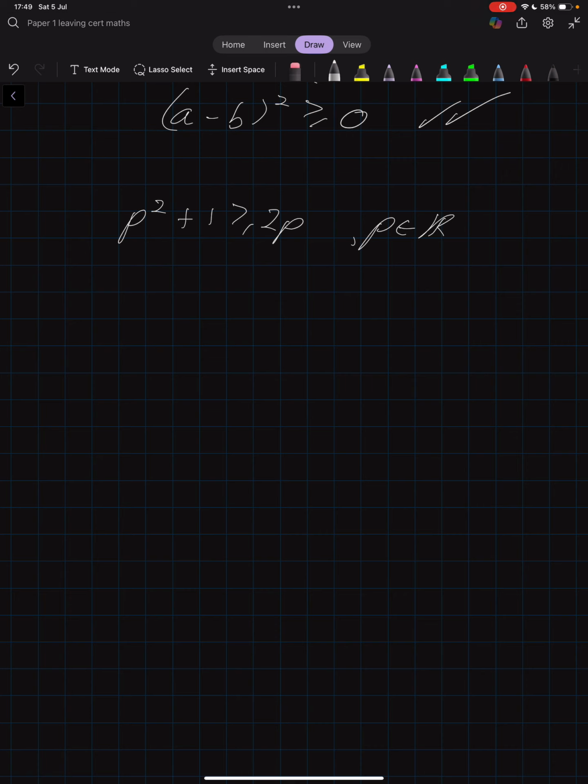So 17, minus 2.37, whatever, just all of them. Again, bring the 2p over, I get p squared minus 2p plus 1. That's just going to be p minus 1 all squared is greater than or equal to 0. Okay?